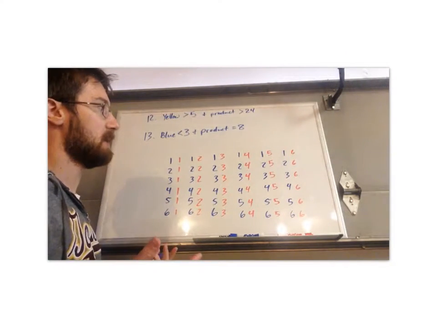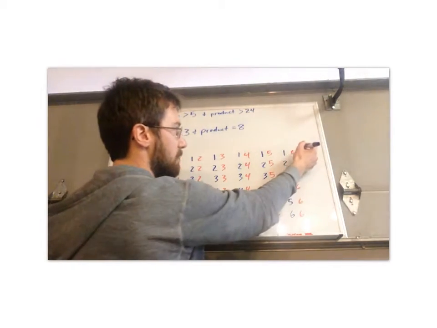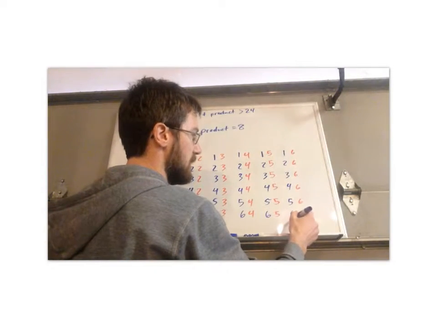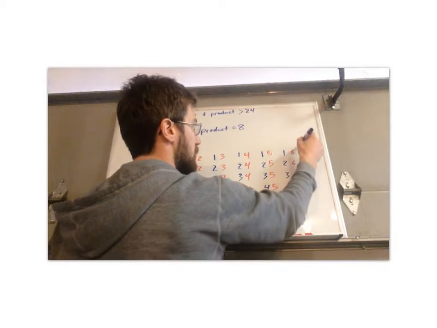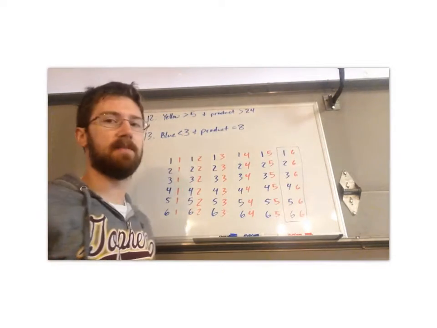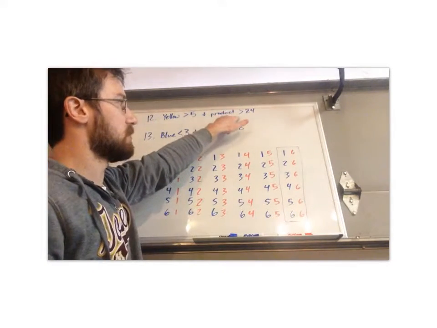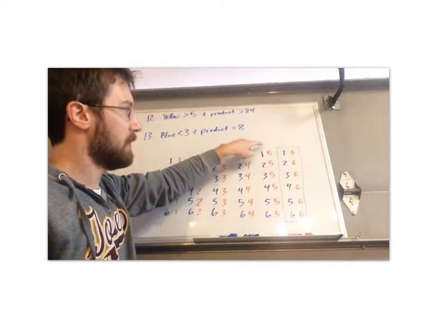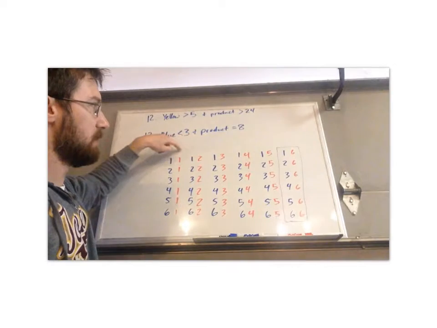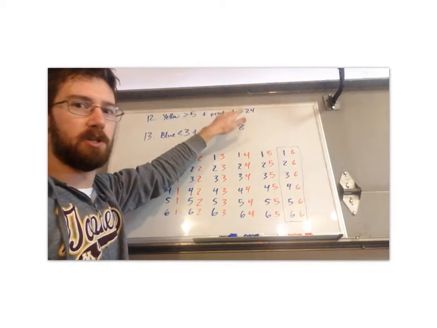Why are these dependent? Well, for the yellow cube to be greater than 5, and remember the reds are the yellows in this diagram, that means that we're just talking about this section right here. The only way that the red one is greater than 5 is if it's 6. And now that the product is greater than 24, if that red cube was less than 6, then the probability of the product being greater than 24 would change.